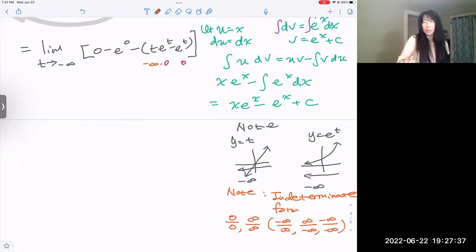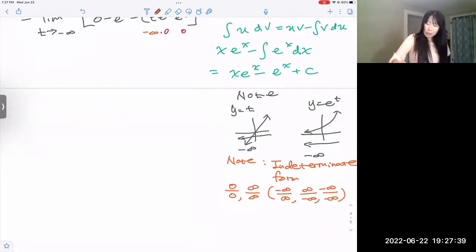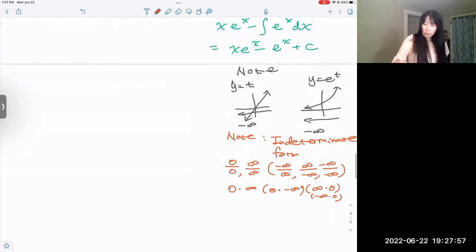We include those there. And also we have 0 times infinity, or 0 times negative infinity, or infinity times 0, or negative infinity times 0. Now, infinity to the 0 power and infinity minus infinity. Okay, those kinds of things.